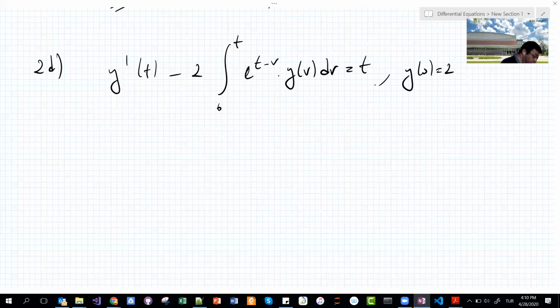If you look at this differential equation, I have an integral as well. But this integral is given in a form where I can use the convolution. This function was given with respect to v. That is why I can write this integral as a convolution with e to the t.